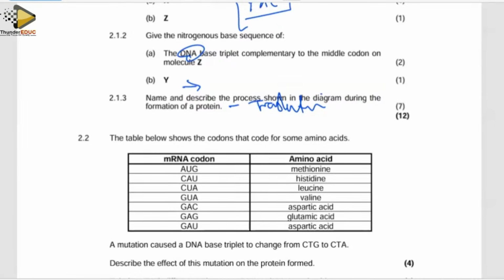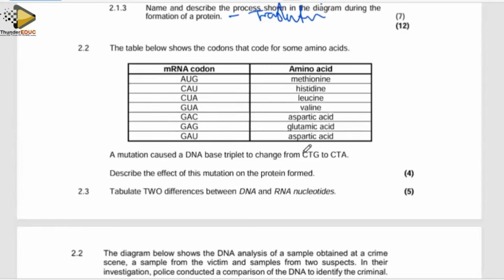All right, so we've got the next question. The table below shows the codons that code for some amino acids. A mutation caused a DNA base triplet to change from CTG to CTA. Describe the effect of this mutation.